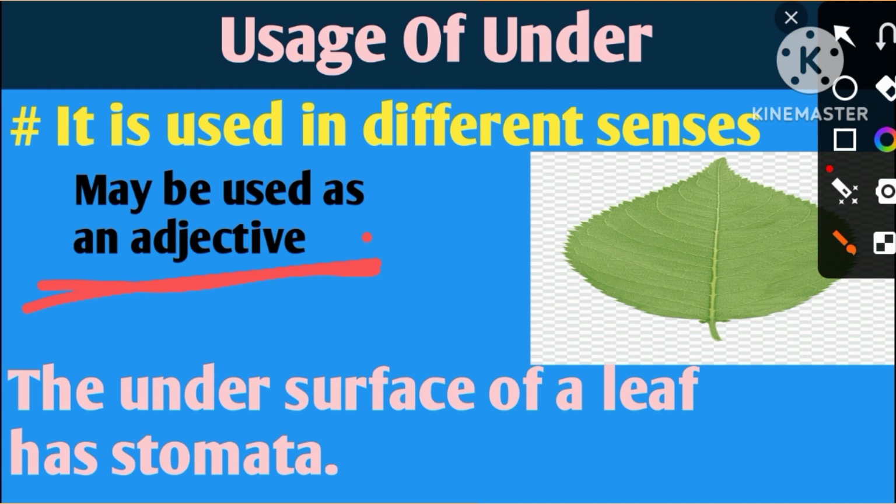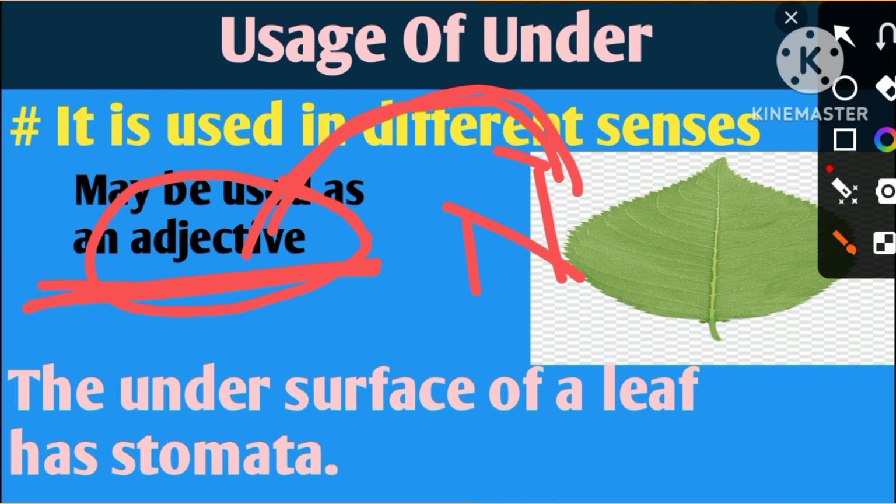If it is used as adjective, obviously it will describe a noun. That means if you ask the noun by what kind of, you will get the answer, and the answer will be your adjective.